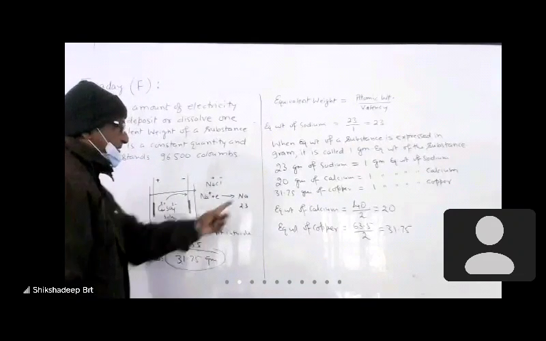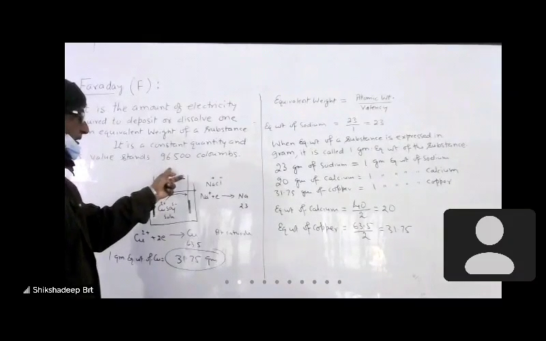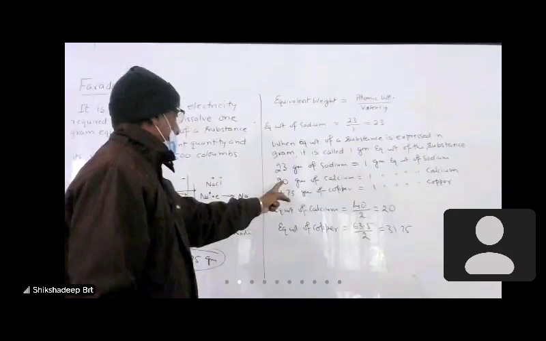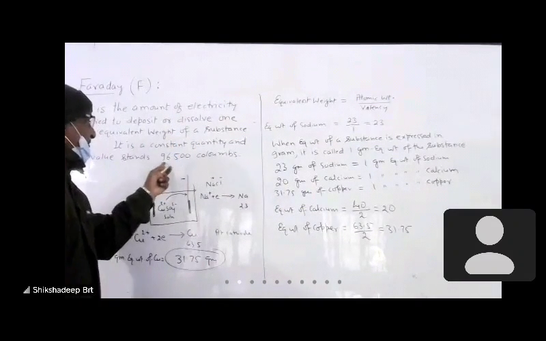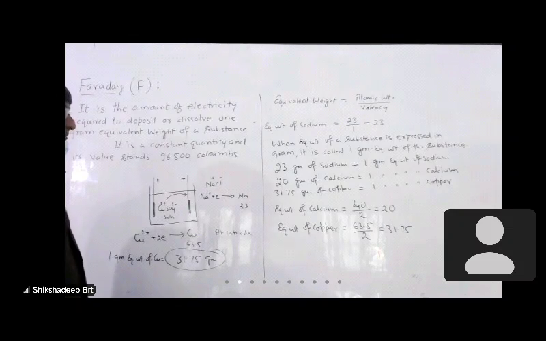To deposit that 23 gram of sodium, how much is needed? 96,500 coulombs. What is the equivalent weight of calcium? 20. To deposit 20 gram of calcium, the same amount is needed. So this is the Faraday. Note it down.